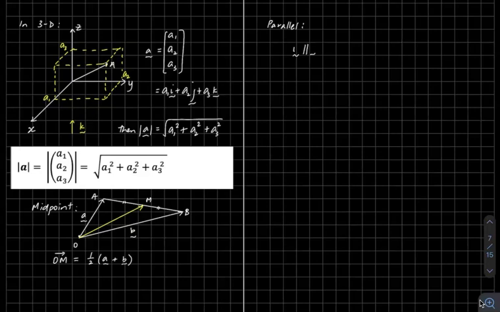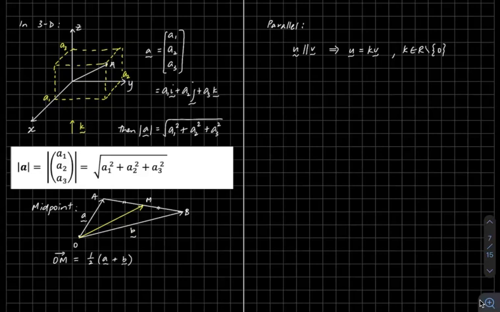So let's say U and V. If two vectors U and V are parallel to each other, that means that one can always be expressed as a scalar multiple of the other, where k is any real number, except of course 0.